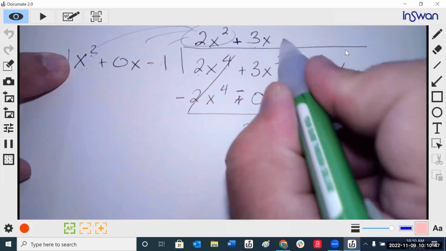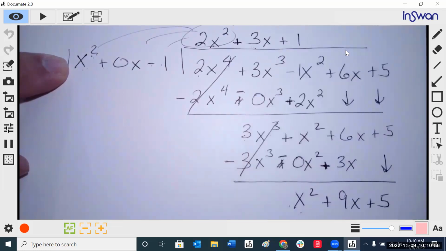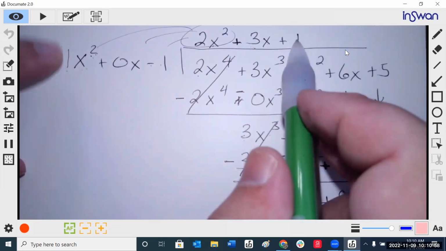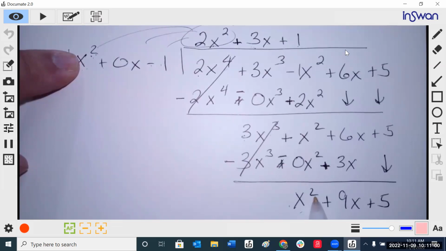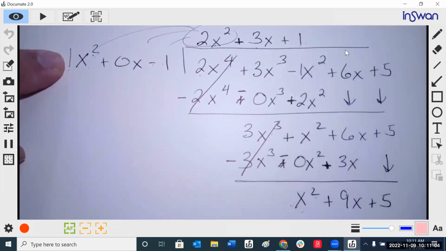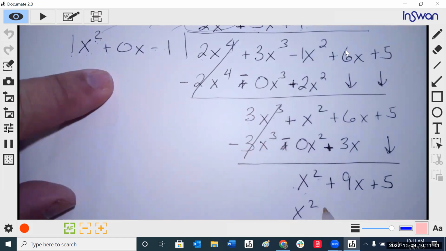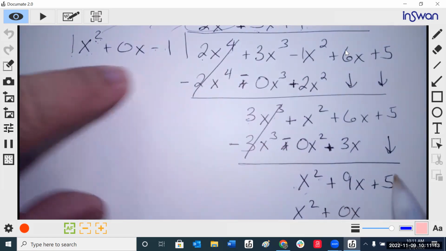Positive times positive is a positive. What times x squared gives me x squared? 1. If you multiply by x here, x times x would be x cubed. That's not going to be the same. So that's a 1. That's why I just put a 1 there. 1 times x squared is x squared. 1 times 0 is 0x.